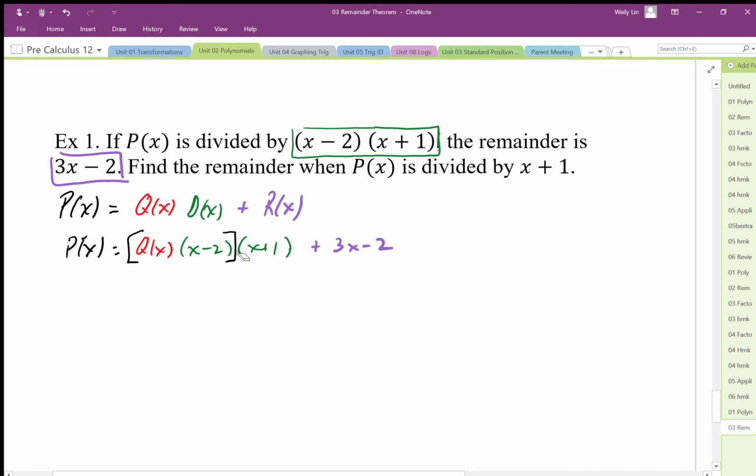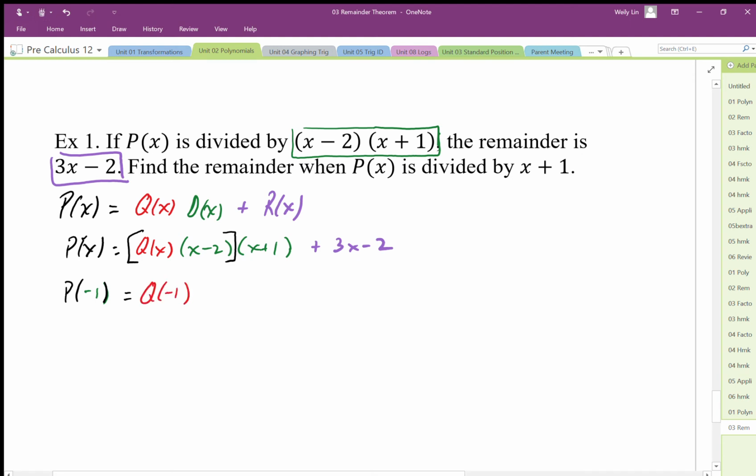And in essence, this is going to end up being a situation where I can use my remainder theorem, because the remainder theorem states that if I plug in the root of my divisor, so p of negative 1, this will give me my remainder. If I plug negative 1 into this expression, I end up with q of negative 1.